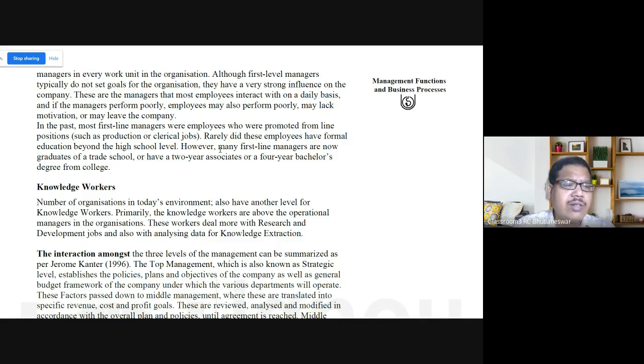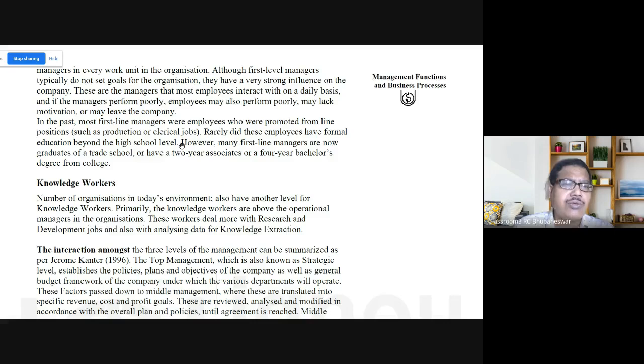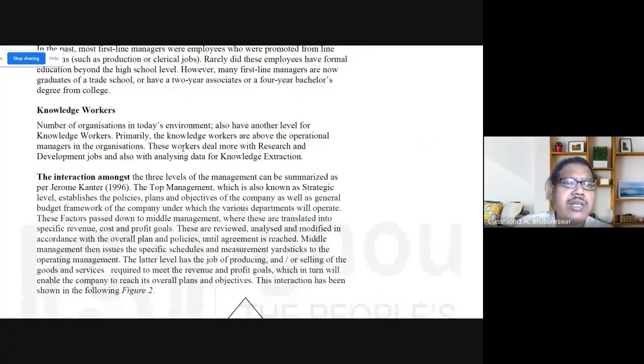Then in this level we also have other necessities: how much knowledge you have based on your experience, because at this level experience is required. You are directly dealing with the executors or operational persons who may have very good technical knowledge in comparison to you.